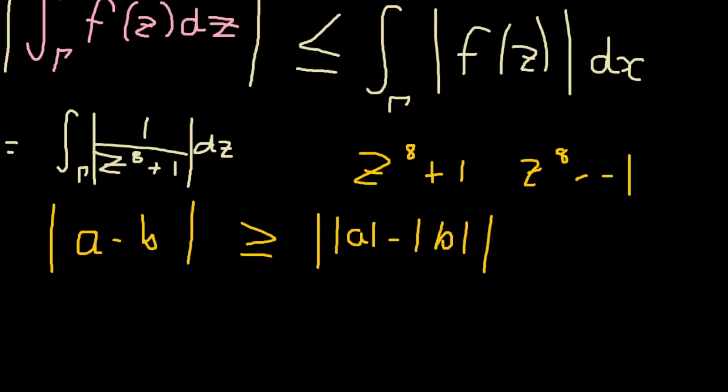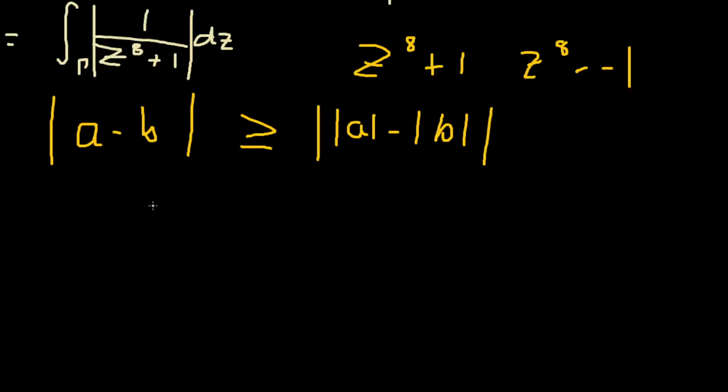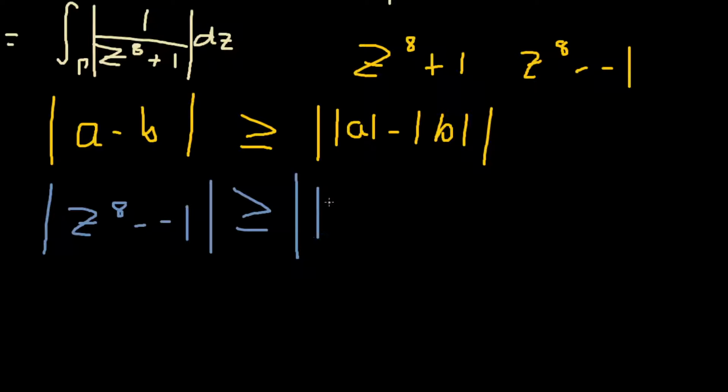So we get that the absolute value of z to the 8 minus minus 1 is greater than or equal to the absolute value of z to the 8th power minus the absolute value of minus 1.